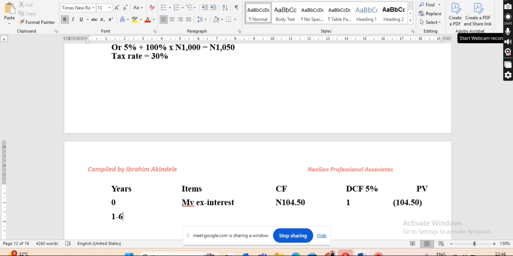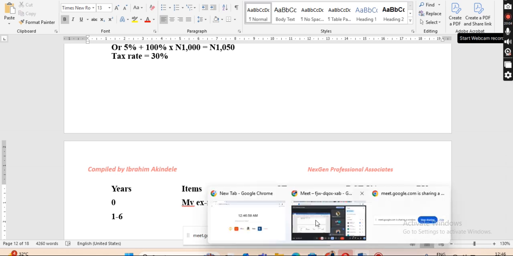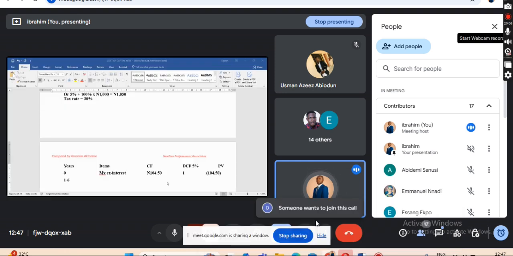When you borrow money, for instance 15 naira, you will pay interest from year 1 to year 6. In the last year, you will pay the interest and also add the principal, which is the redemption amount.